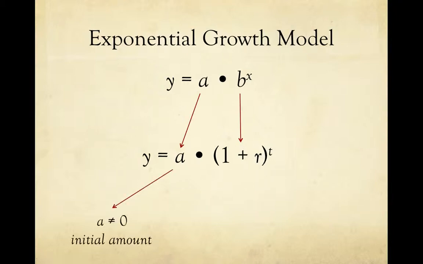The A is still called the initial amount. So in the problem, this A is going to represent whatever the amount is that we start with before growth starts to take place.